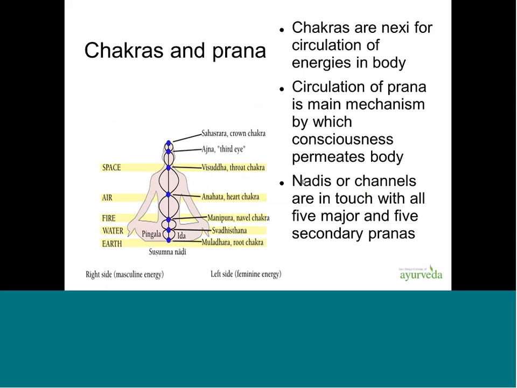So the chakras are these places where everything is coming together. This is why the chakras are so important. The nadis are coming together, and the prana circulation is also in touch there. So these nadis come in touch at the chakras with all 5 major and 5 secondary prana in the body.